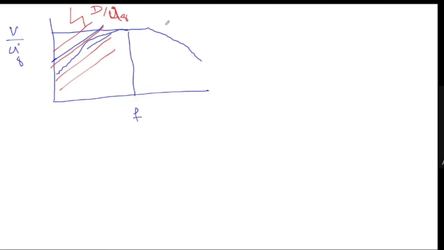And there were these 45-degree lines here, which were for the acceleration divided by the ground acceleration.